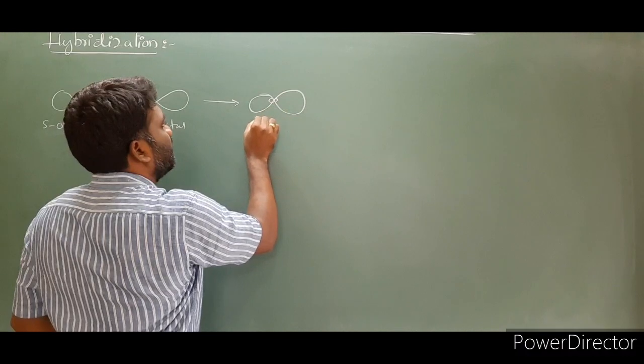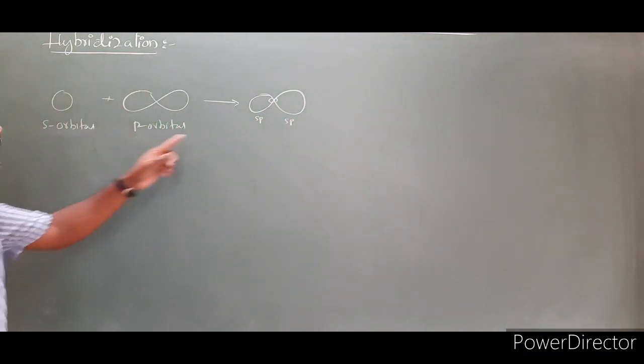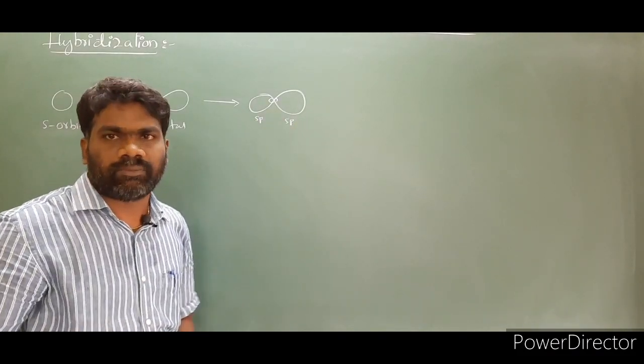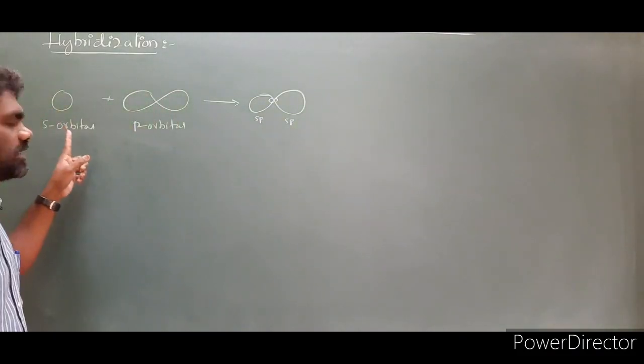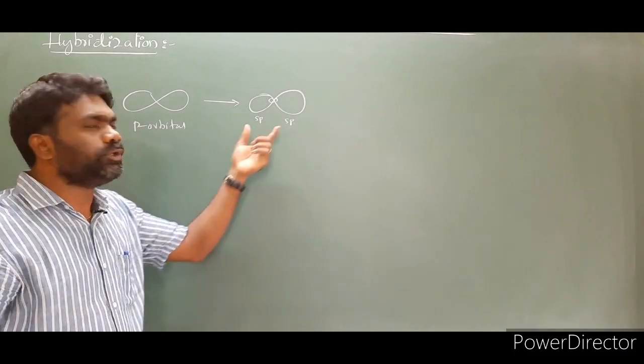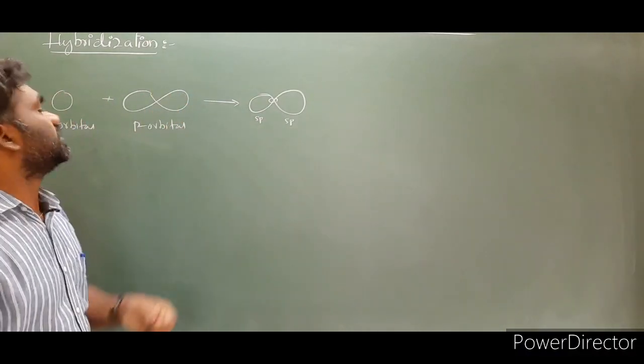This is an sp hybridized orbital, and this is another sp hybridized orbital. These orbitals are called hybrid orbitals. So we are intermixing s orbital and p orbital with slightly different energies to produce a new set of orbitals with equivalent energy. This phenomenon is called hybridization.